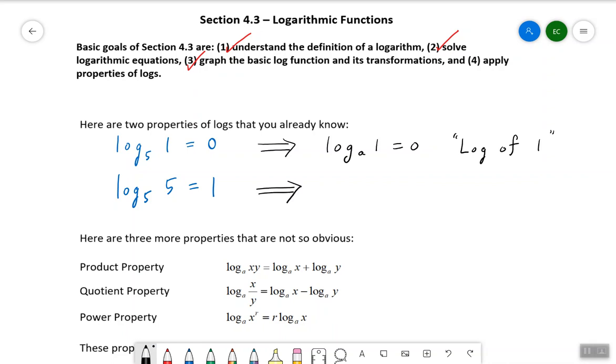If we have base a, we would write log base a of a is equal to 1. And we can call that property the base a log of a. Okay, so those are good to remember.